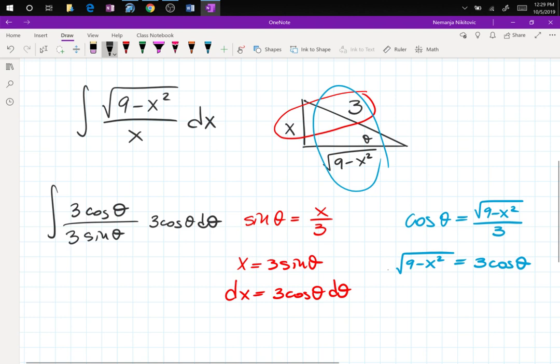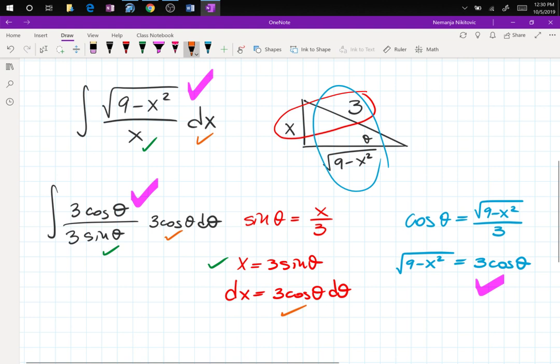So let's do some color coding over here. I'm going to use the green one for x, which is connected with the green. I'm going to use the pink over here for the square root. And I'm going to use, let's say, orange to connect the dx with the dx thing.